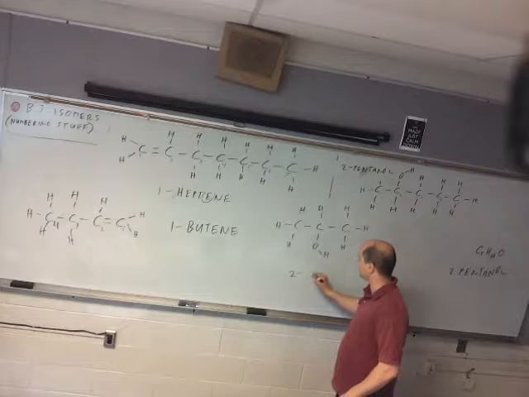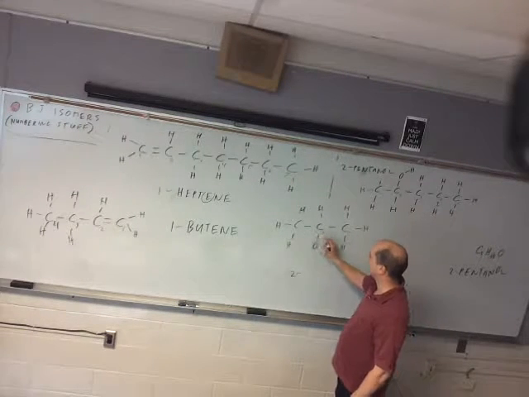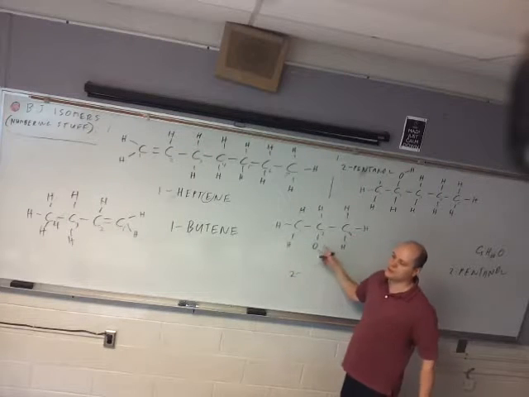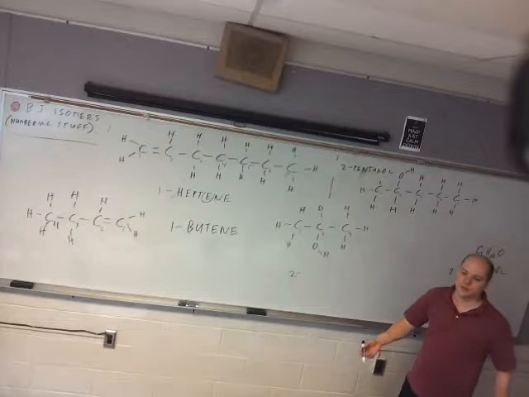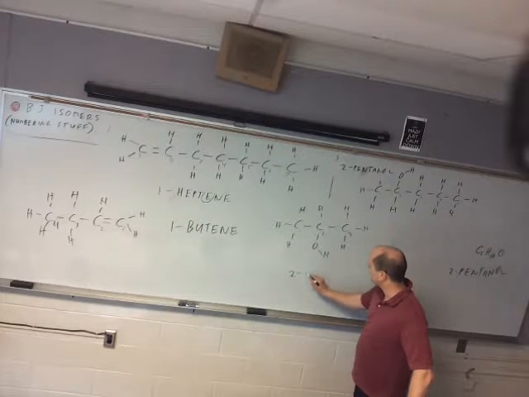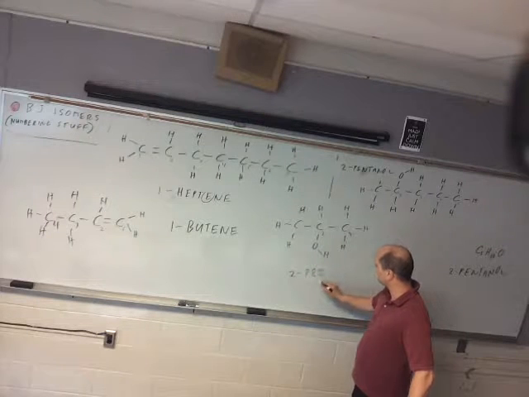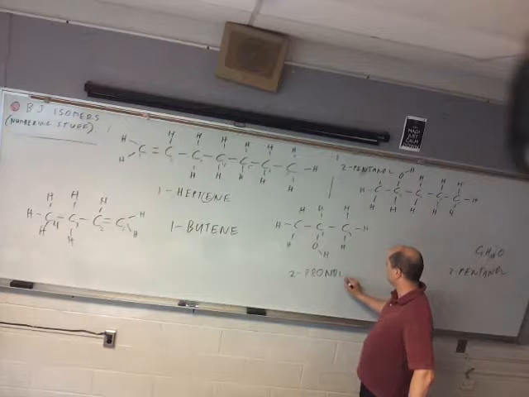Two because the oxygen is on the 2 carbon. This is right in the middle, so either side we start from, it could be 1, 2, 3, or 1, 2, 3. It's still going to be the 2 carbon, whichever way we go. So anytime you have an odd number and it's on the middle carbon, it doesn't matter which direction you start from. So 2, there's 3 of them, so it's prop, right? 3 carbons, and it's an alcohol because there's an oxygen here, so it's propanol.